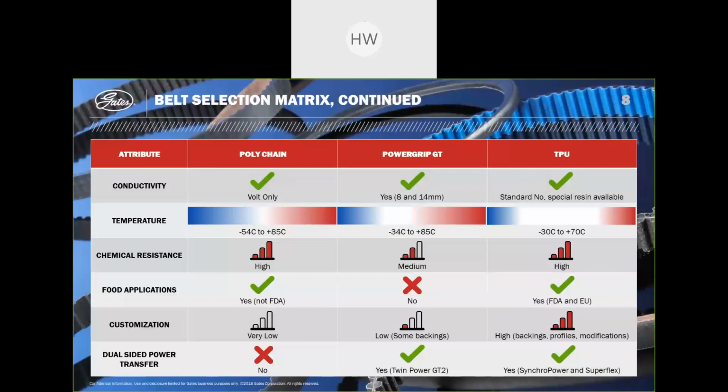We have quite a good opportunity to customize our belt to develop special solutions for your specific application. And then it comes to the dual-sided power transfer. There is no possibility with Polychain, but Power Grip GT and the TPU Superflex belt have the opportunity to use double-sided belt as well.